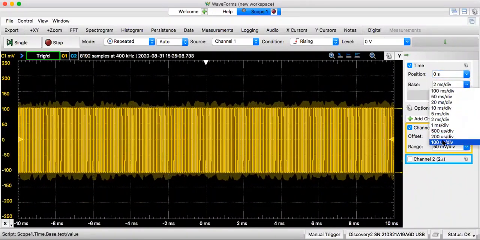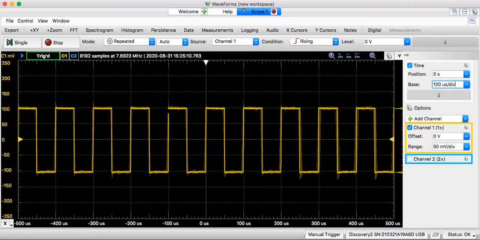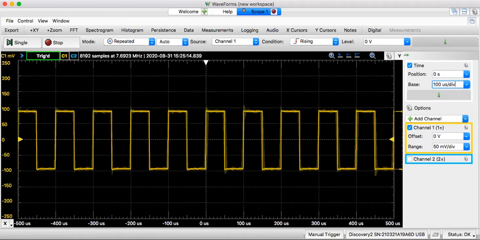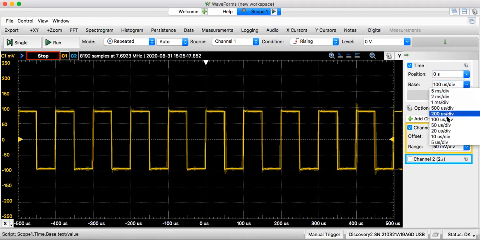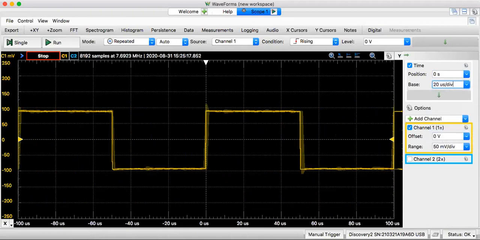Real world, not perfect, imperfect world. This is not a perfect square. If you look at it, it's not a perfect square.